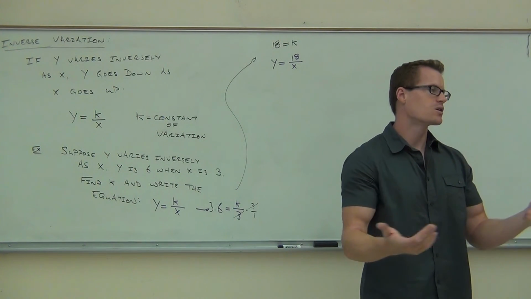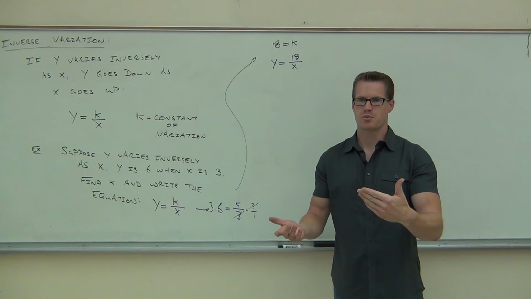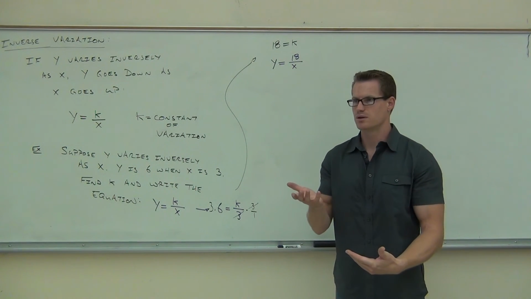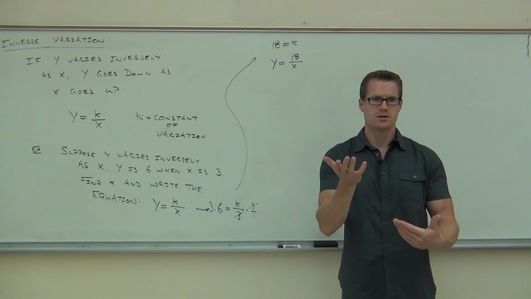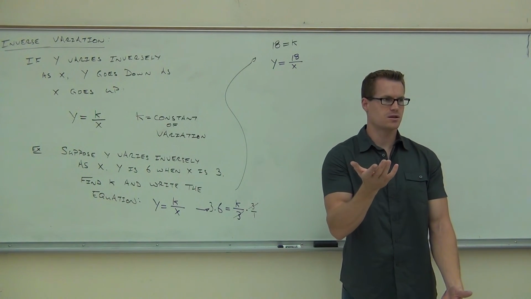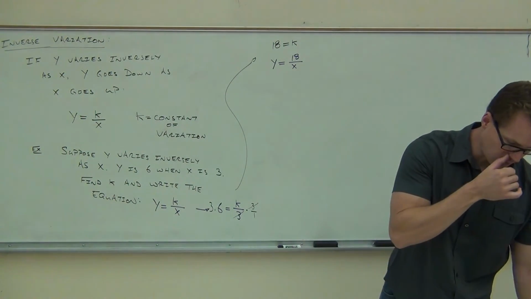Does that make sense? In other words, the time it takes you to get somewhere is inversely proportional to the speed in which you're going. Right? So the faster you're going, the shorter it's going to take to get there, or the slower you're going, the longer it's going to take to get there. That's an inverse variation problem right there.